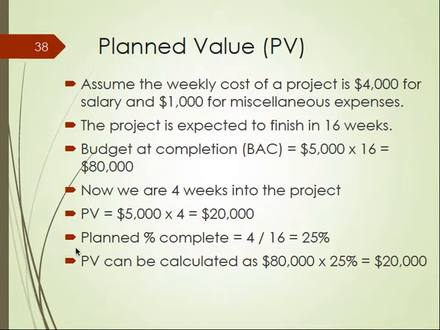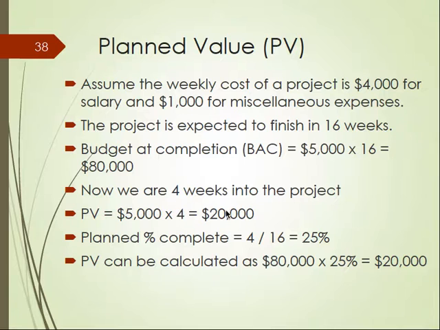Another way to calculate it is the planned percent complete. So at 4 weeks, you're supposed to have finished 1 quarter. Because there are 16 weeks of work, after 4 weeks it should be 4 divided by 16, which is 25%. So the planned value can be calculated as the total budget at completion times 25% planned percent completion, which is 20,000.